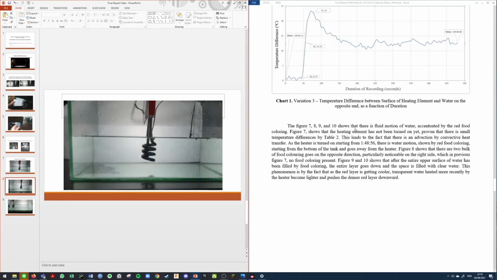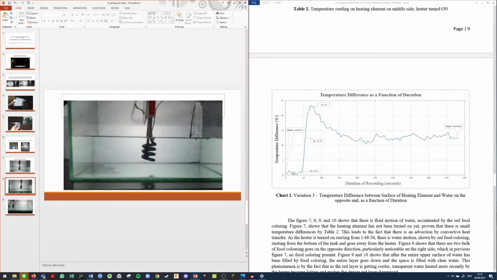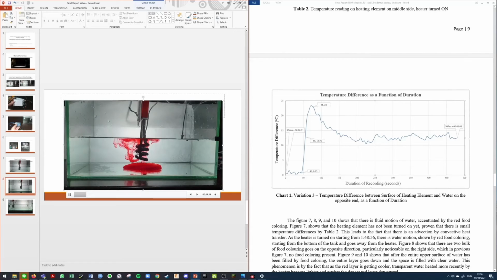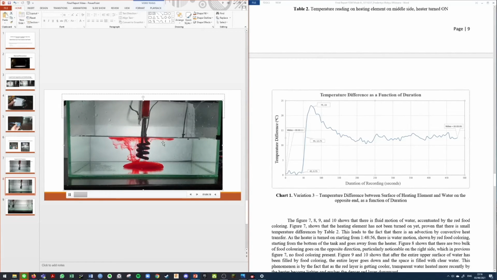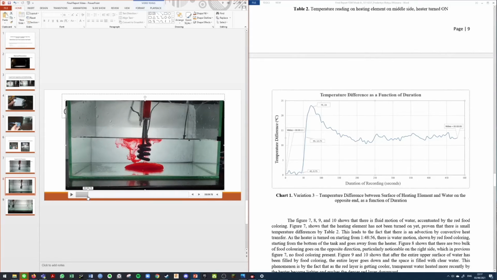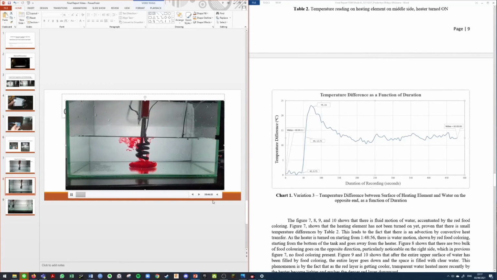In the second variation, there is this spike of temperature difference, around 56 minutes after the video, approximately around there.